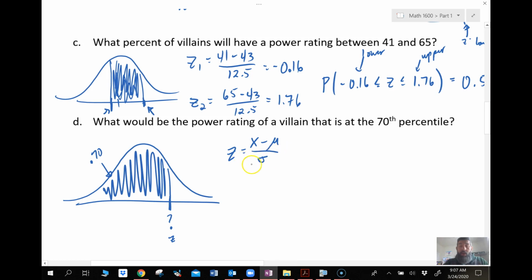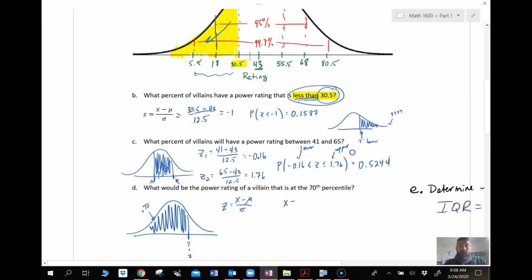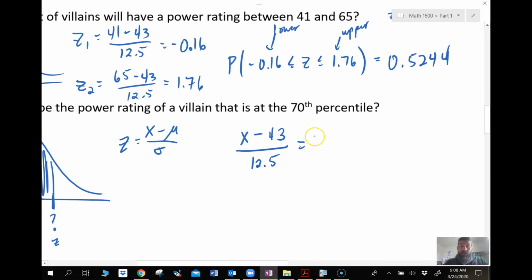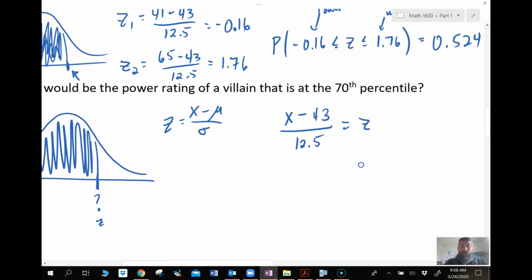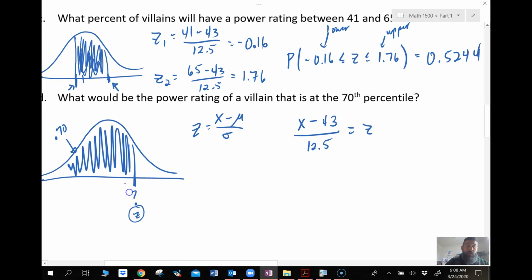If we plug everything in, we have x, which we don't know, mu, which we know to be 43, and sigma, which is 12.5. What we don't know is z. So we need the z-score here. We have two variables to deal with, but we can find z, because all we're asking is, what is this z-score if this area in here is 70%?